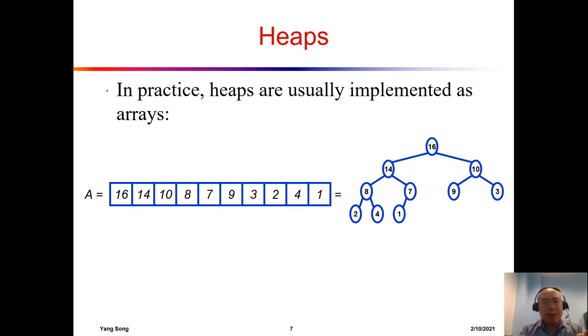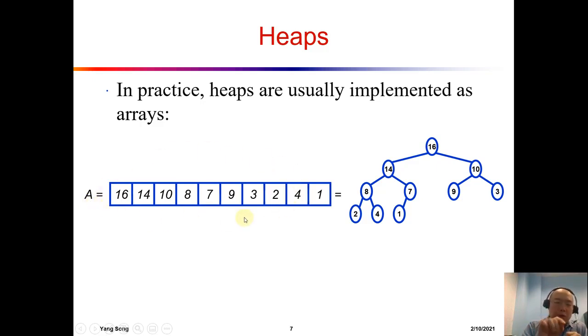Okay, and for the heap, how do we really store the heap in a tree structure? Of course, you may think about the binary tree. If you have been in a data structure course, I'm pretty sure you know binary trees. But for the heap, since we know they are complete binary tree structures, we can actually put all the values into an array. We just put all the values from top to bottom, and for each level from the left side to the right side, into an array, and then we have this array like this.